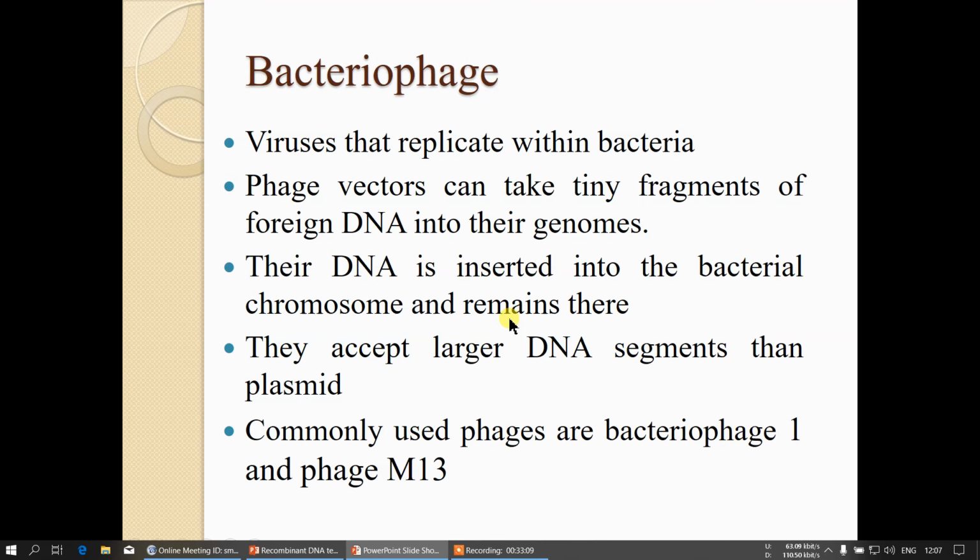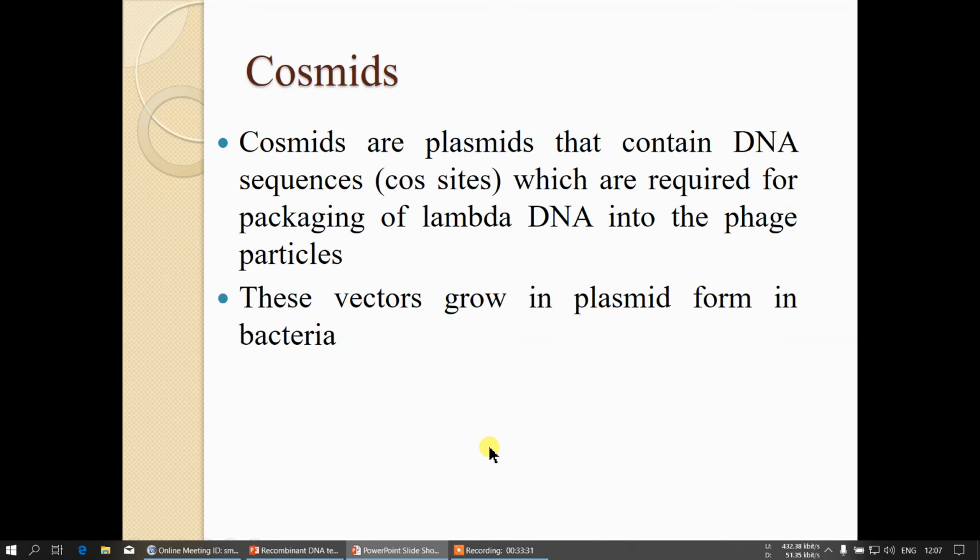So along with bacterial DNA, the bacteriophage DNA is also multiplied along with our interest DNA which we inserted while producing the chimeric DNA. One advantage of the bacteriophage over the plasmid is that it can accept larger DNA segments than the plasmid. Commonly used phages are bacteriophage lambda and phage M13.